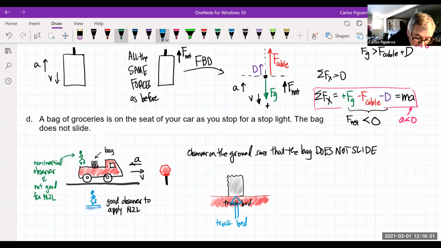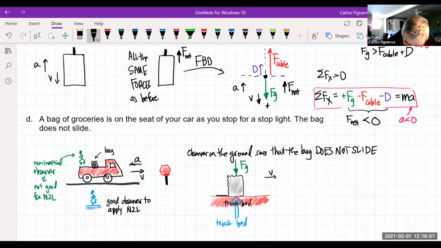And then, of course, we know that we have the force of gravity pushing it down. That tells us why the bag isn't moving vertically, but why isn't this thing sliding if it's moving with that kind of velocity?